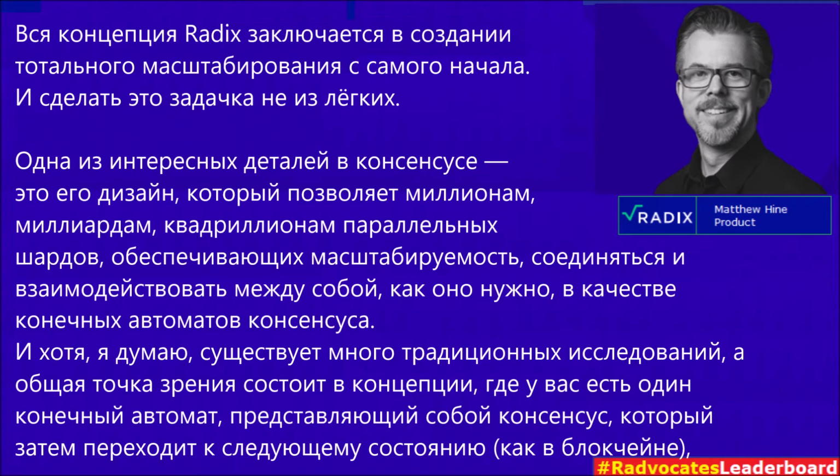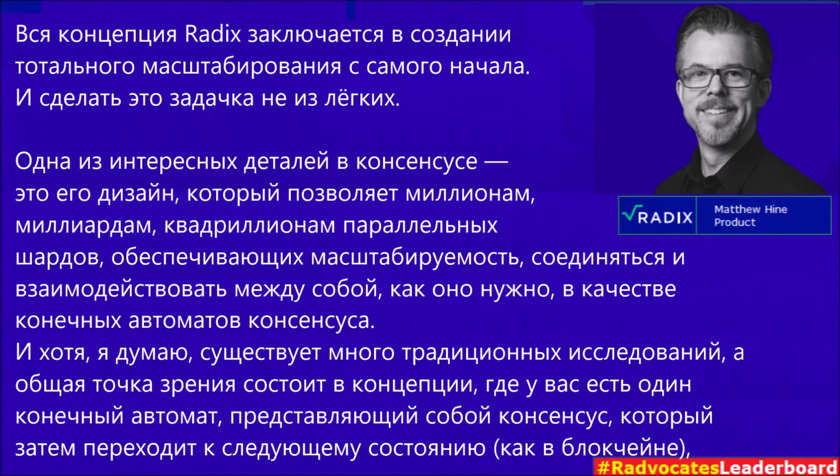So doing that is fairly tricky. I think one of the clever things about Cerberus is it's a design that allows the millions, billions, quadrillions of parallel shards that you need for that scalability to connect and act as consensus state machines as needed.